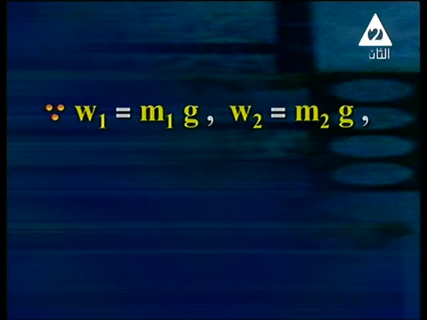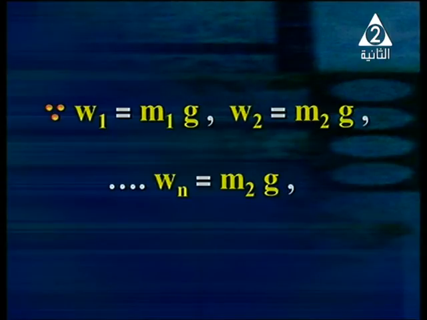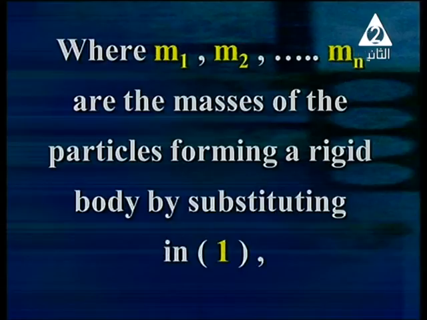Look, dear student, by substitution W1 equals M1 g, also W2 equals M2 g, and Wn equals Mn g, where M1, M2 to Mn are the masses of the particles forming the rigid body.